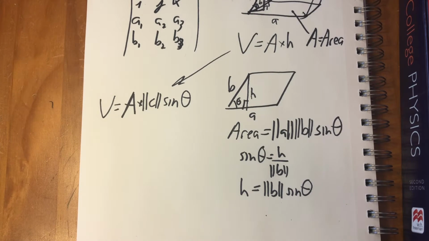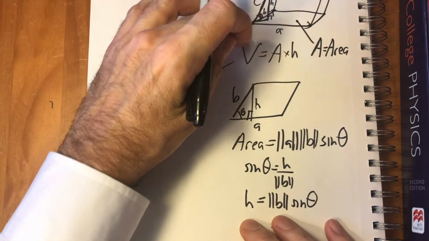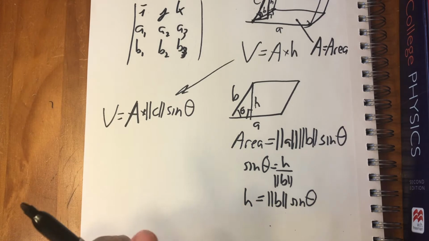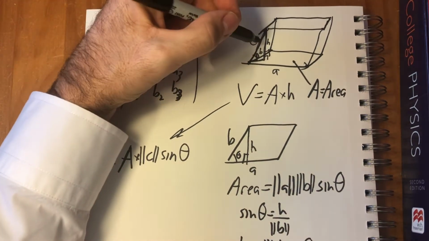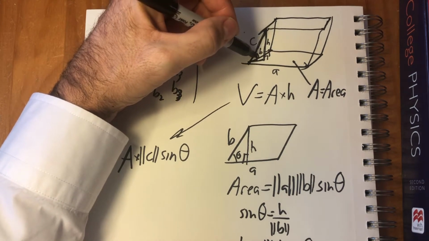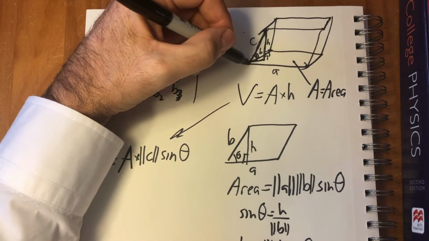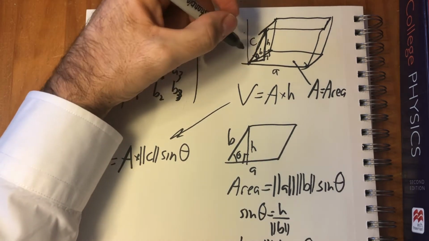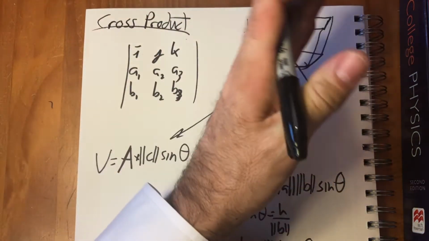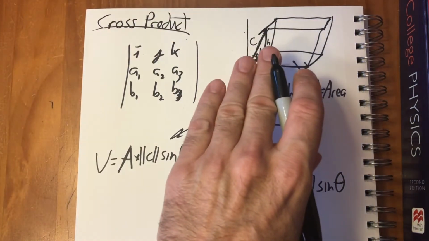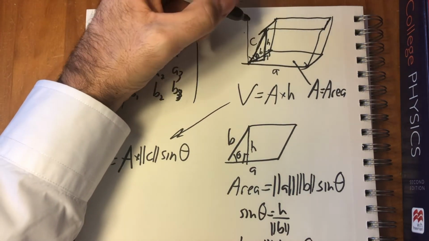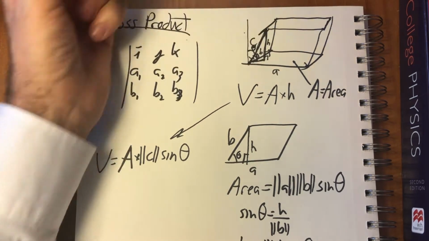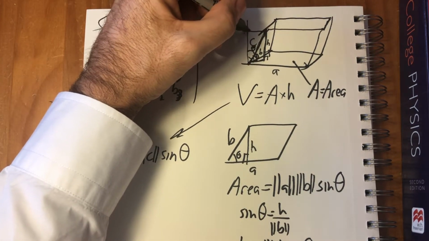And then remember, how did we actually calculate this? Instead of looking at the sine of this angle, we can do the same thing we did with the determinant. We can take a perpendicular angle to the base, and then take the cosine of this angle in order to get h.